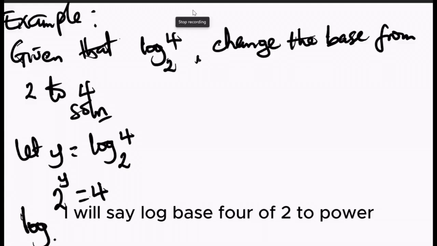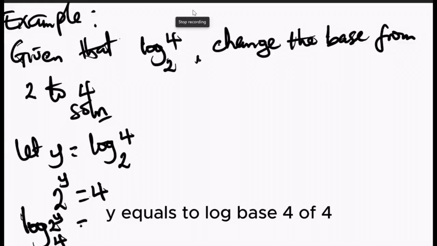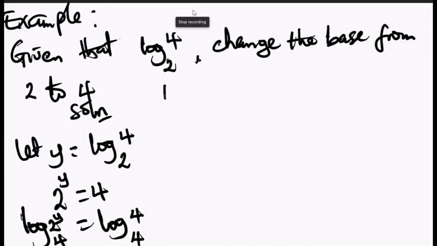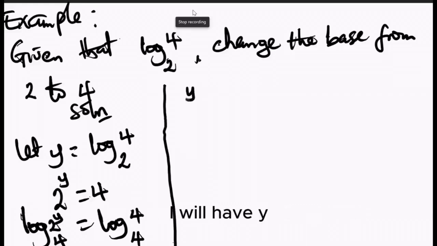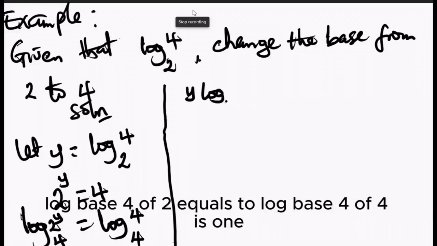I will say log base 4 of 2 to power y equals to log base 4 of 4. So here y will drop down. I will have y log base 4 of 2 equals to log base 4 of 4, which is 1.